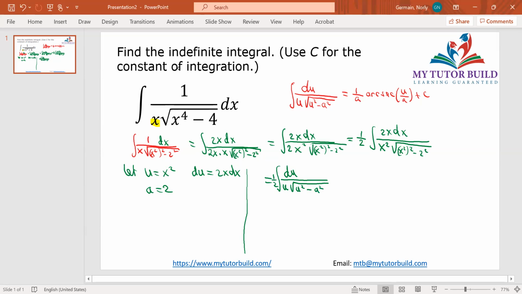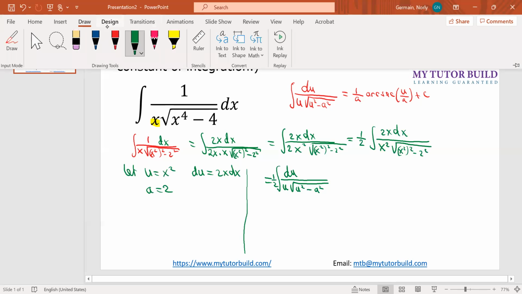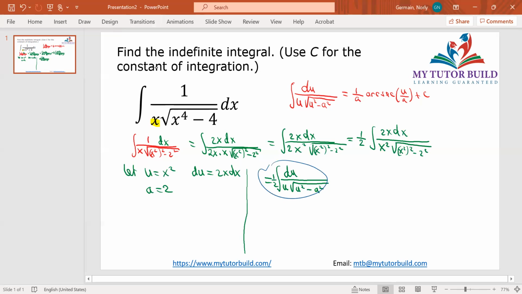Now we end up bringing our antiderivative, our integral, into this format. You see, this one is the same thing as this one. Now I know this answer would be this 1/2. I'm going to keep it outside because this was not part of it.